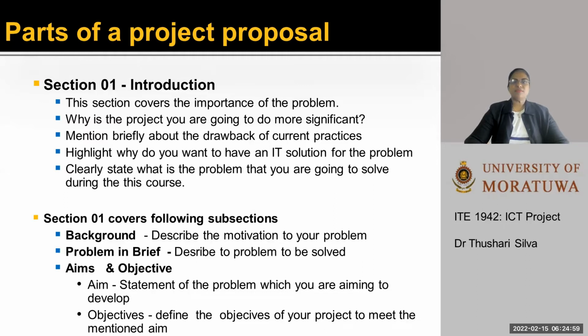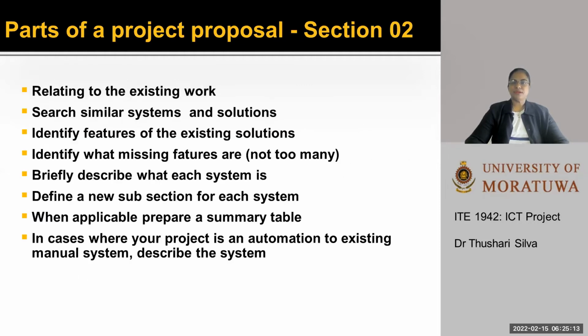Describe the statement of the problem which you are aiming to solve. Objectives define the milestones or the steps that you need to perform to achieve the aim. Let's see an example at the end of these slide sets, on how to develop a project proposal and what a project proposal is.